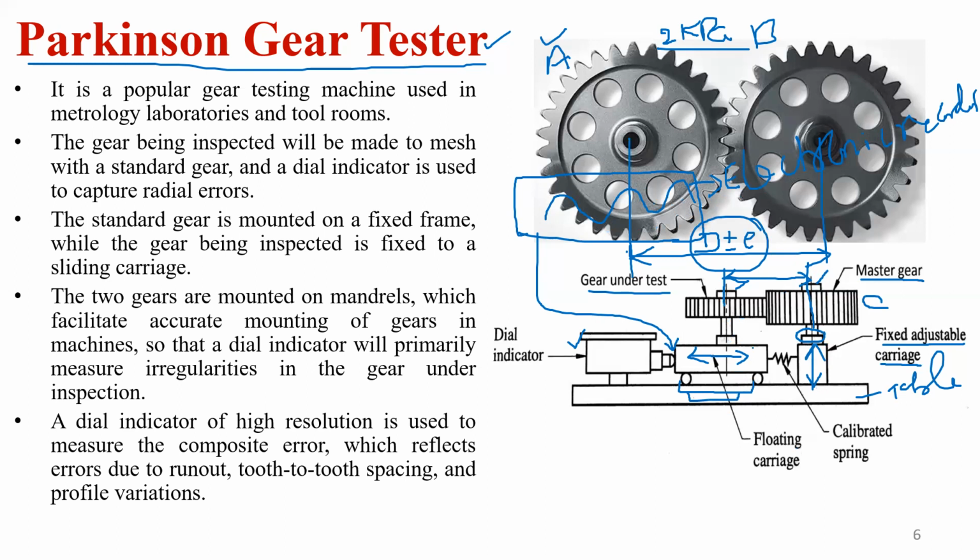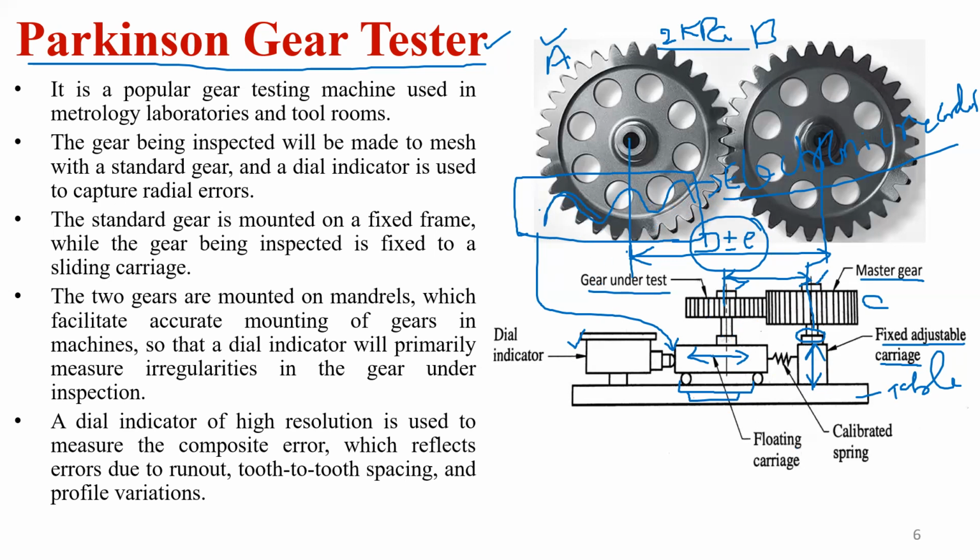The variation in the center distance of the two gears is converted into the wavy form, so we can better predict the variation of center distance.